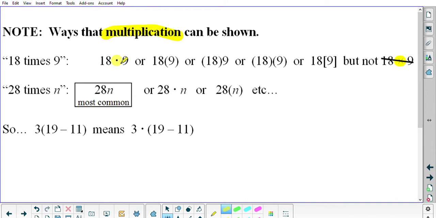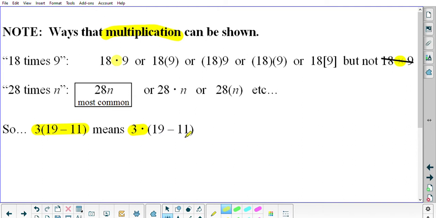That's very similar here to the raised dot. Another way you can see multiplication is with a number next to parentheses with nothing between the number and the parentheses. And I show that down here on this example right here. When you see a 3 next to parentheses, and then obviously there's some kind of math problem in the parentheses, that actually means the 3 is times whatever the answer is going to be of those parentheses.